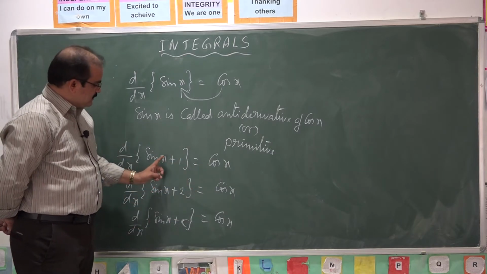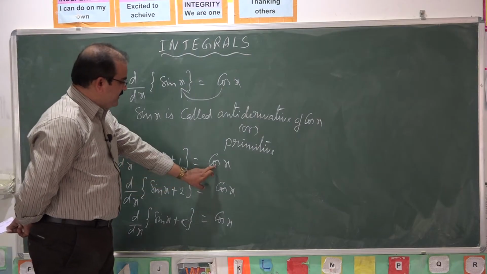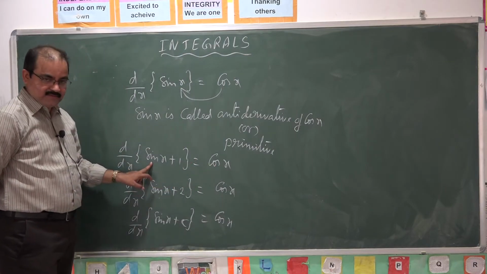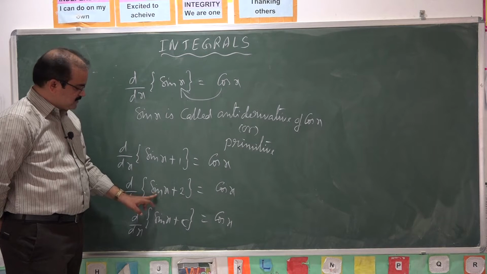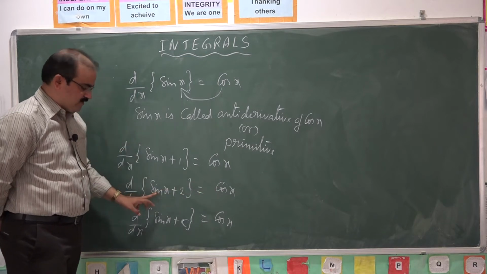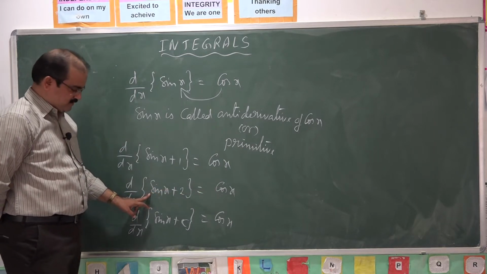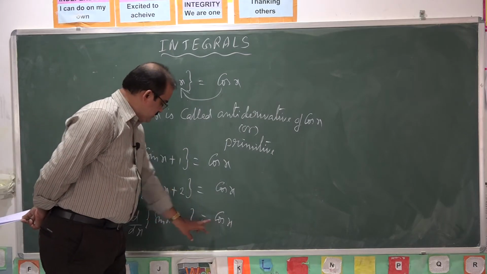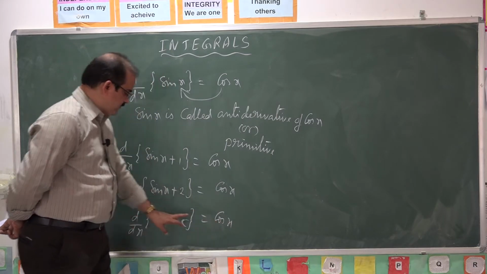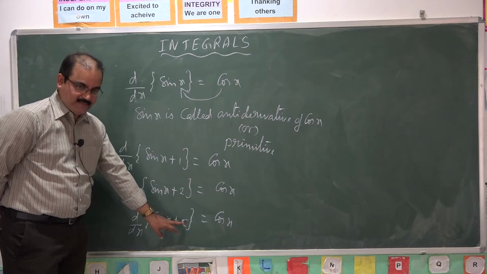Now, in this case, antiderivative of cos x is sin x plus 1. In this case, antiderivative of cos x is sin x plus 2. In this case, antiderivative of cos x is sin x plus c.